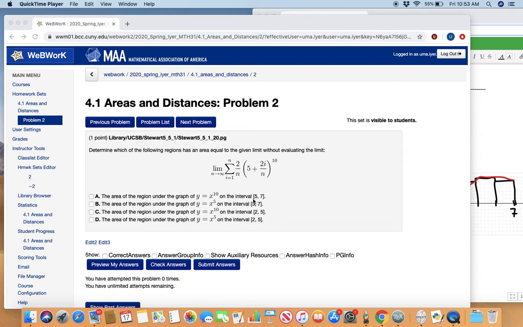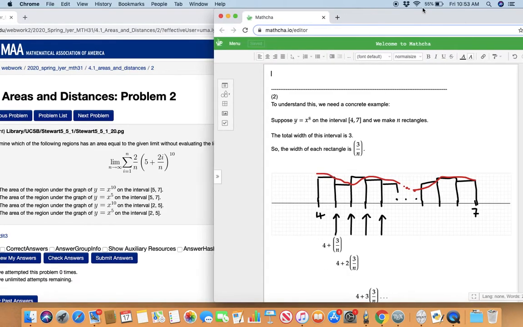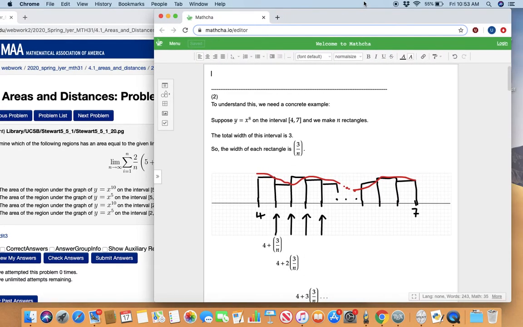To understand that, you need to know what this represents. Here I have an example. It's basically the same thing that we have seen in this section, but written differently. Suppose you're looking at the function y equals x to the power 8 on the interval 4 to 7, and we make n rectangles.